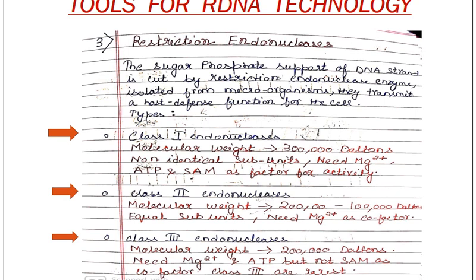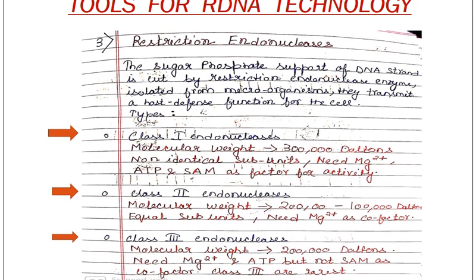whereas class 2 endonuclease has a molecular weight of 1 to 2 lakh daltons, and it has equal subunits. It needs Mg2+ as its cofactor, not ATP and SAM. Class 3 endonuclease has a molecular weight of 2 lakh daltons, which needs Mg2+ and ATP as cofactors but not SAM.